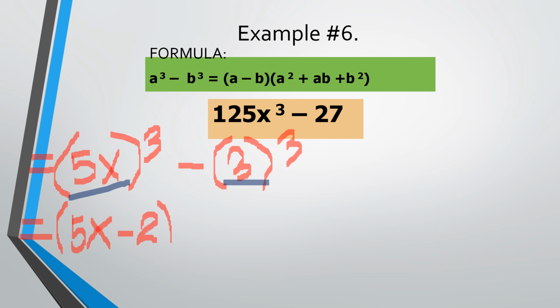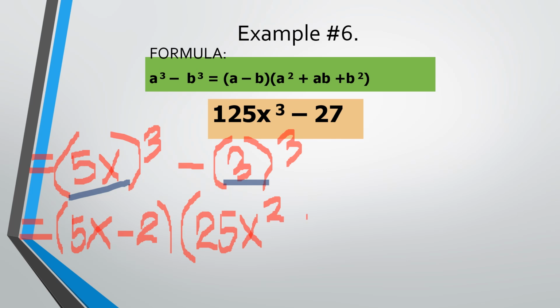Close it. Then open parenthesis, A squared, which means 5 times 5, 25. x times x, x squared.